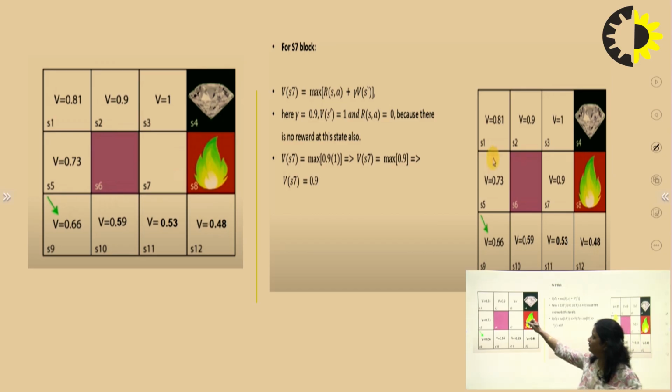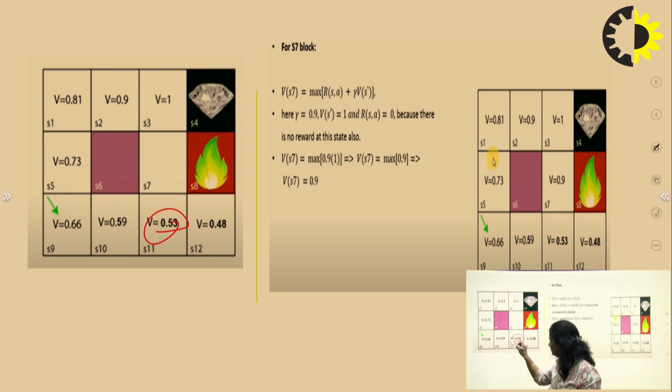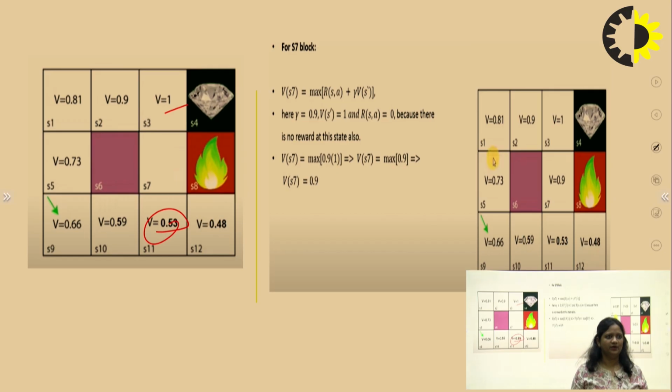Okay, now we have to fill the value of S7. For calculating the value of S7, what value of the previous block do we take? We are taking 0.53 or 1. But what is the maximum of these two values? That is 1. So for the S7 block, the reward R(S,A) would be equal to 0, because we are not going to reach S4 from S7 directly.